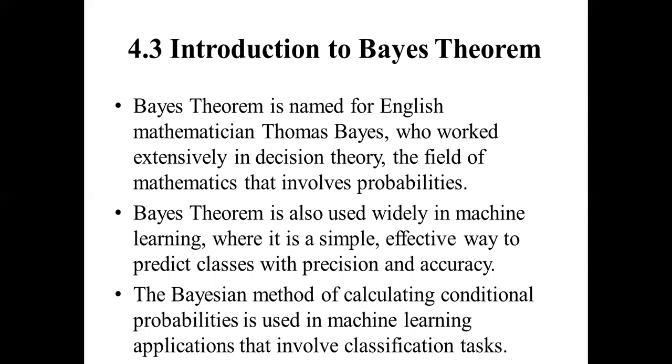Bayes theorem is taken as a base for many models. Here probability means that we are predicting something, and that's why Bayes theorem has much more weightage in the machine learning field. Bayes theorem is also used widely in machine learning, where it is a simple, effective way to predict classes with precision and accuracy.